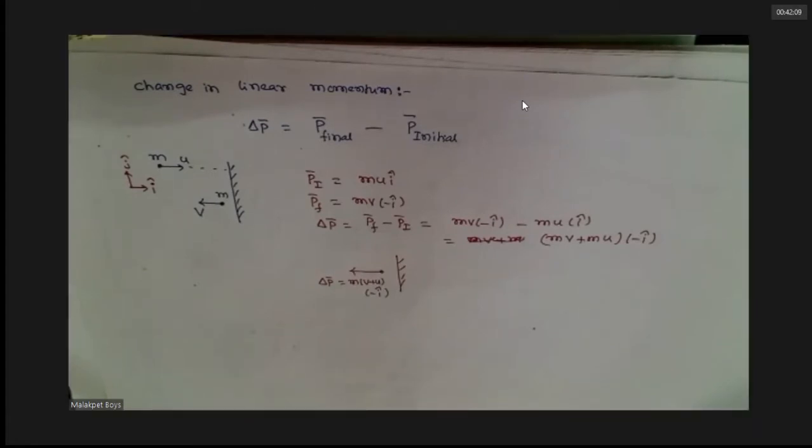And I will derive these formulas: v is equal to u plus at, s equals ut plus half at square, and v square minus u square is equal to 2as, again using integrals.